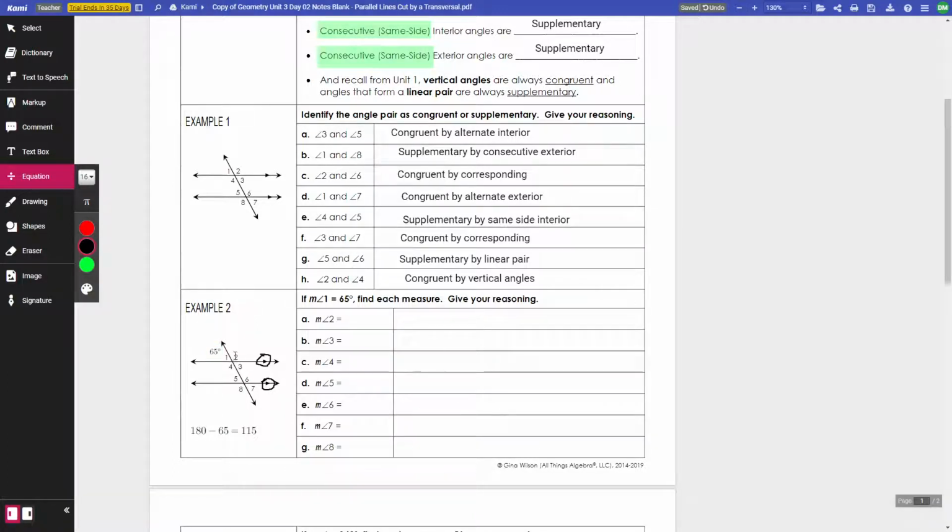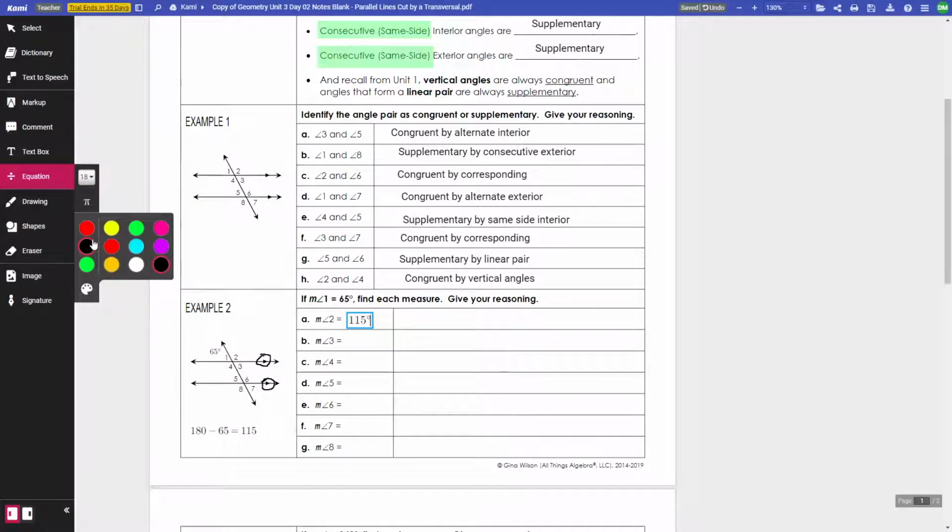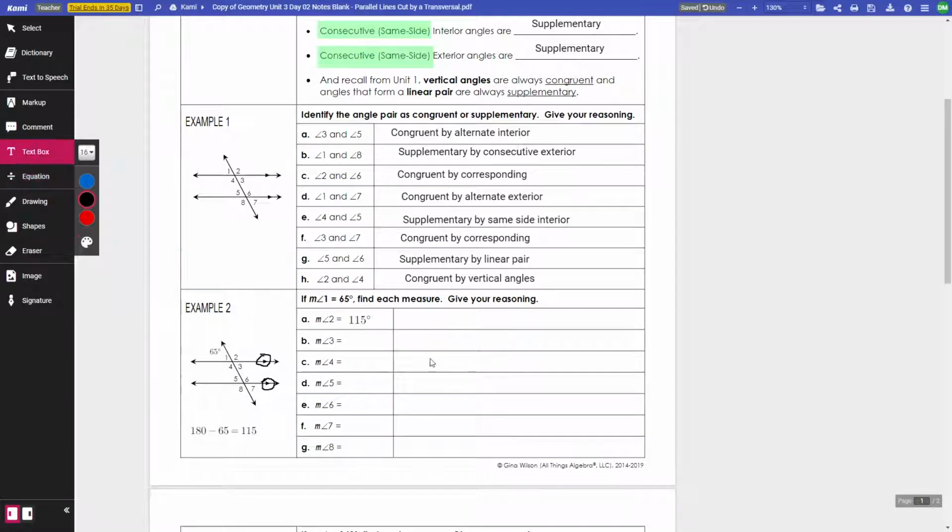All right, let's first look at angle 2. That one is not the same angle as angle 1. So if it's not the same angle as angle 1, then it must be 115 degrees. And we need a reason for this. As we go along here, there's going to be lots of reasons you can use, but we don't have as many to start with.